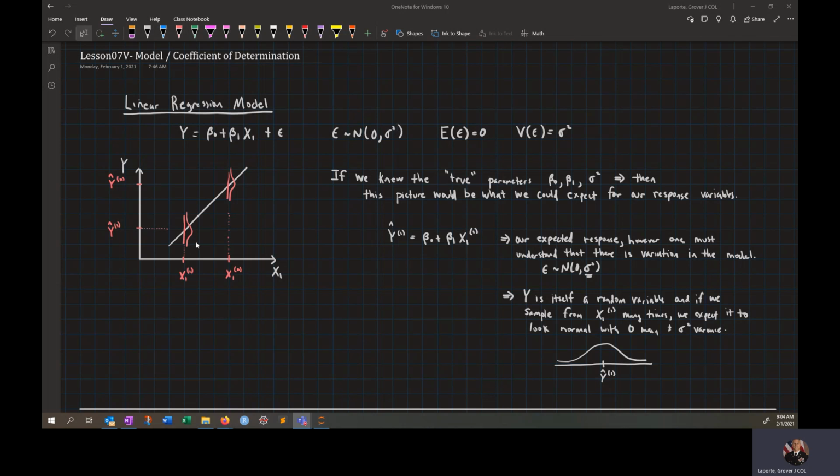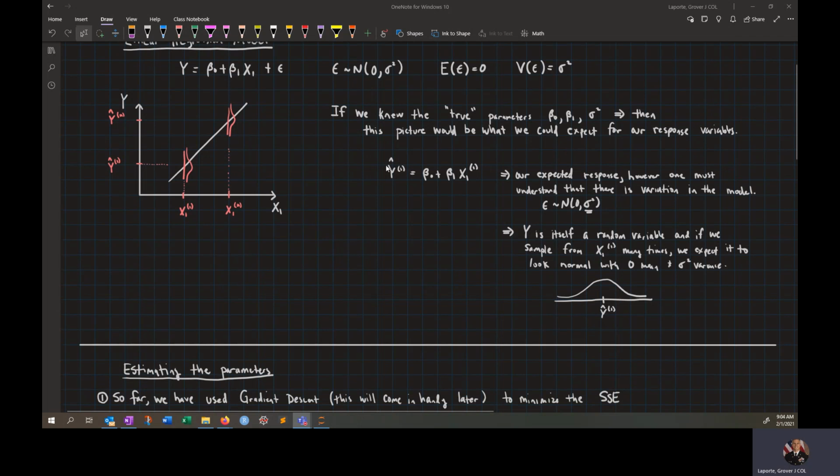This is the picture I want you to think about whenever you're substituting a value into your model. It's not always going to be exactly there; sometimes it's going to be above, sometimes below, but it really depends on the variance of epsilon, the random process we're talking about.